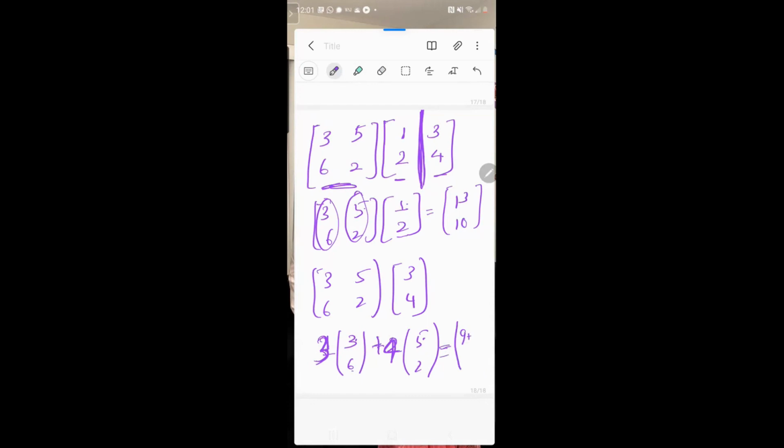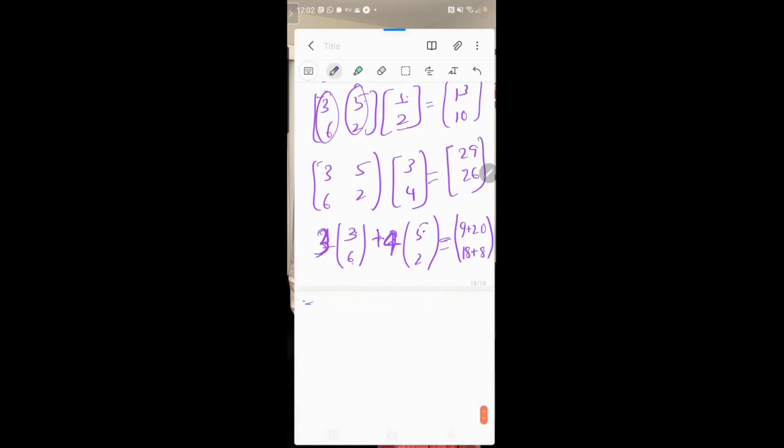Then what? 20. Okay. Then what goes in the second row? 18 and 8. Okay. So you get 29 and 26, right? I just added 9 plus 20 and 18 plus 8.